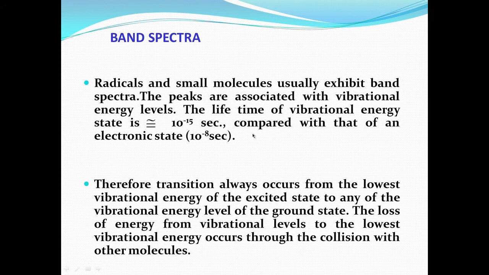Then the band spectra. Now, we discuss band spectra. What type of compounds normally generate band spectra? As I have explained to you, if we have a group of molecules like OH, COH, aldehydes, ketones, etc., and radiation falls on them, then I get radicals, and small molecules usually exhibit band spectra.